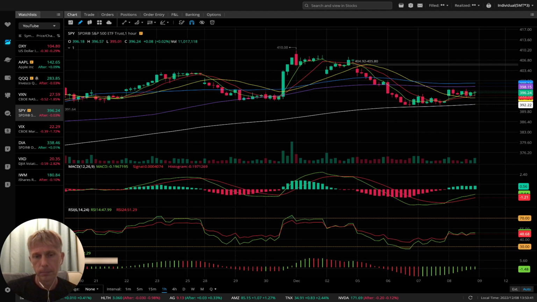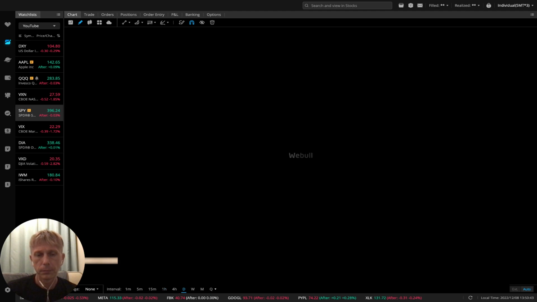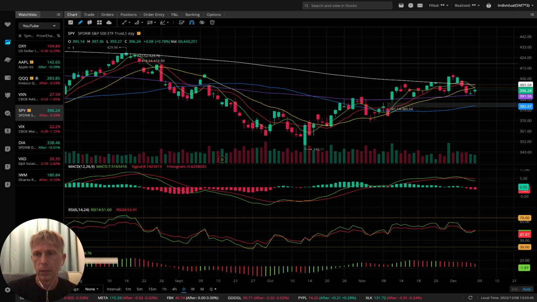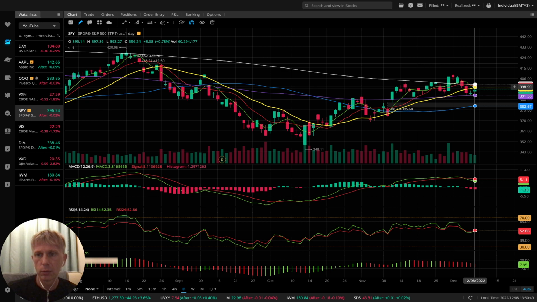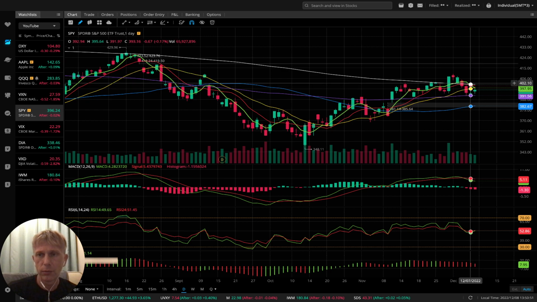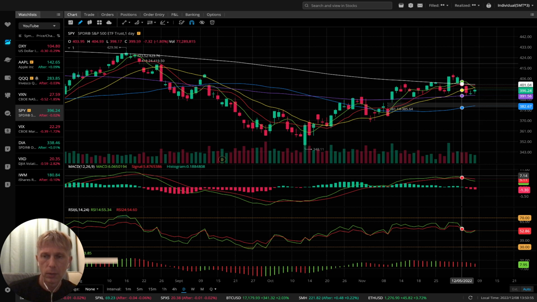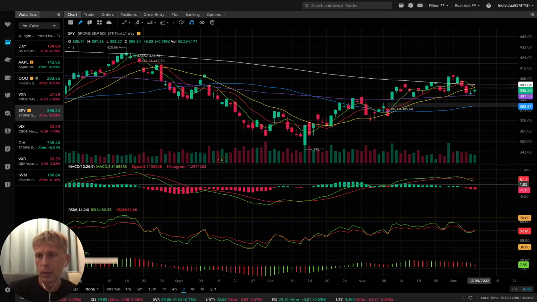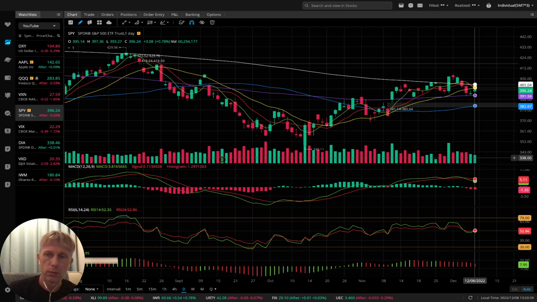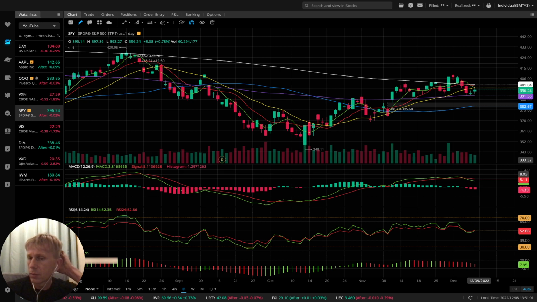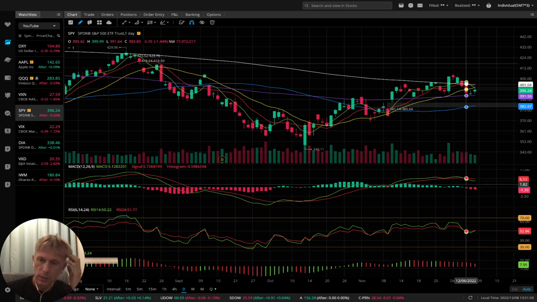SPY daily. Daily bearish crossover. MA5 did a bearish crossover over 10 and 20. MACD bearish crossover, bearish trend. Volume is average. Bearish crossover, still bearish signal on all indicators.